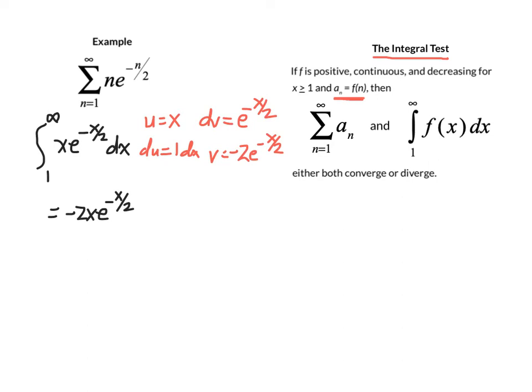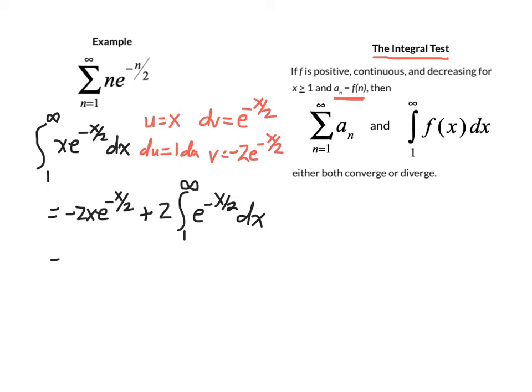Now typically the coefficient's almost never useful inside the integral, so we'll write that outside, which is going to make this plus 2 times the integral of e to the negative x over 2 dx. You can carry the bounds if you wish. In integration by parts, sometimes we table the bounds and then just don't forget about them to the end. But that's our integration by parts, and that gets us to the terminal case here.